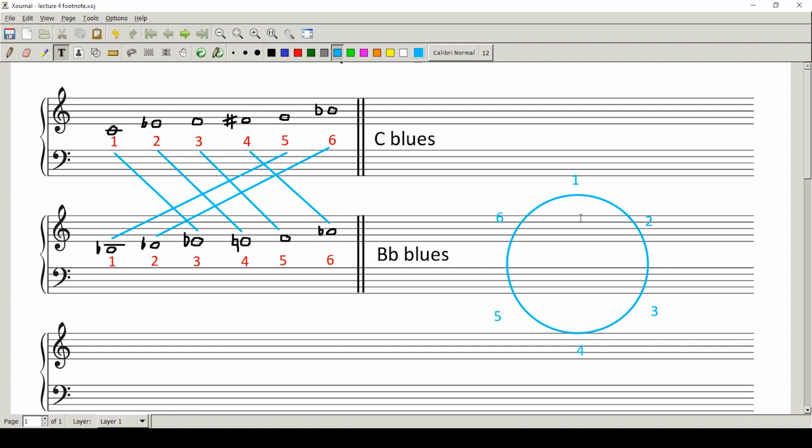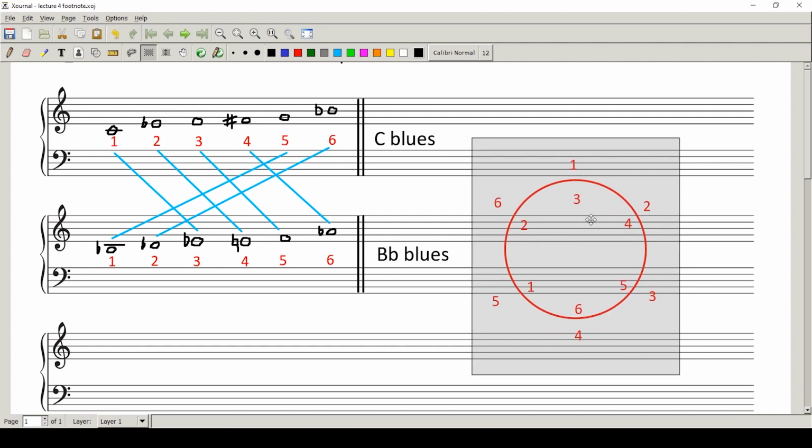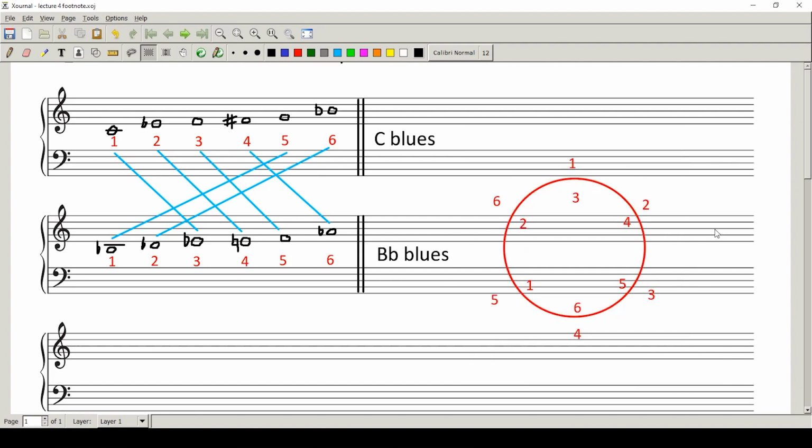I'm saying 1 becomes 3, 2 becomes 4, 3 becomes 5, 4 becomes 6, 5 becomes 1, and 6 becomes 2. So if you want to visualize it that way, that might help some of you visualize this a little bit more clearly.